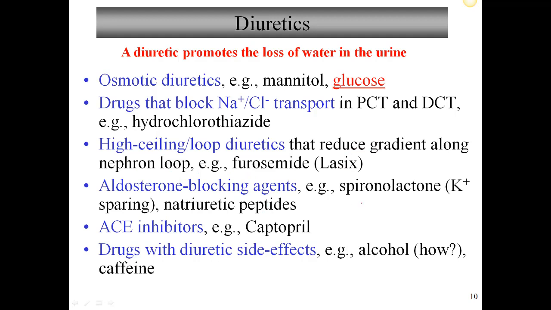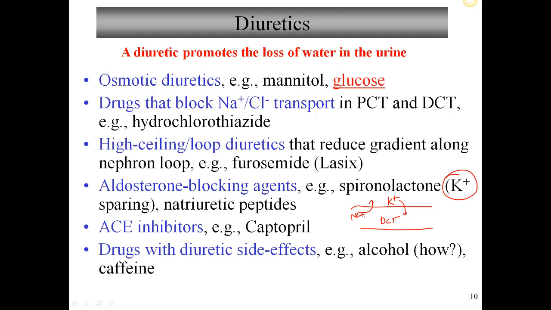We also have aldosterone blocking agents like spironolactone. These are called potassium sparing. If you remember, in the distal convoluted tubule, let's indicate this here as a DCT, we have the sodium that's in the distal convoluted tubule. Under the influence of aldosterone, we have sodium being reclaimed into the body, and in exchange for that, we have either potassium or hydrogen ion secreted and then excreted.